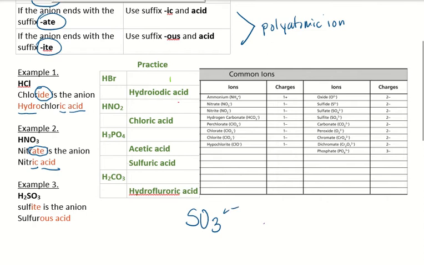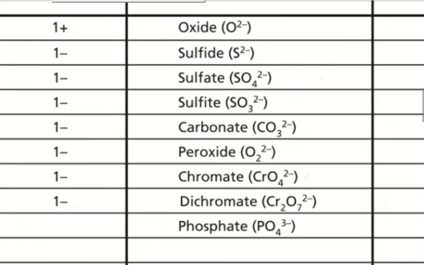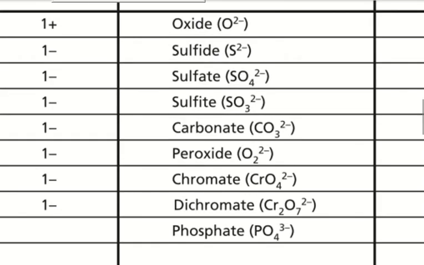Now, if we look at SO3, 2 negative. What polyatomic ion is this? Look closely. Sulfite. SO3, 2 negative is sulfite. It ends in ITE.